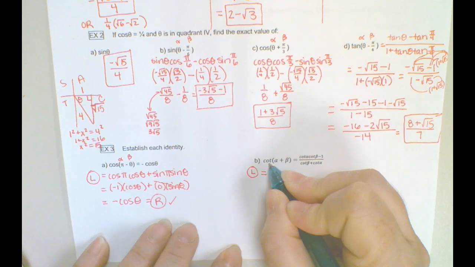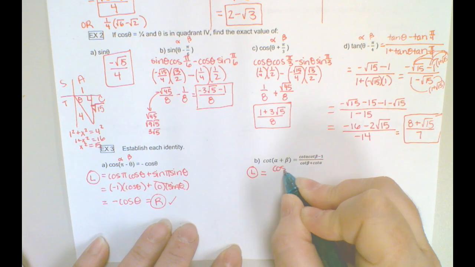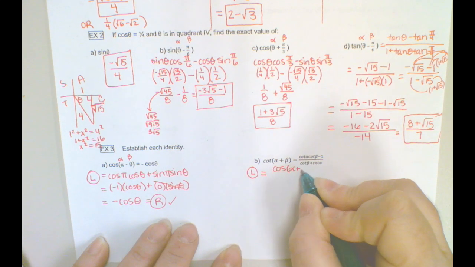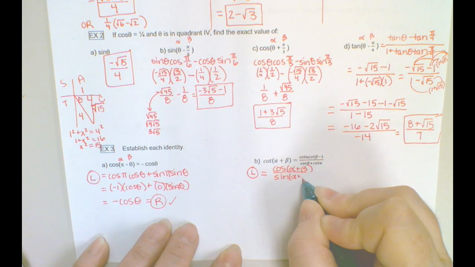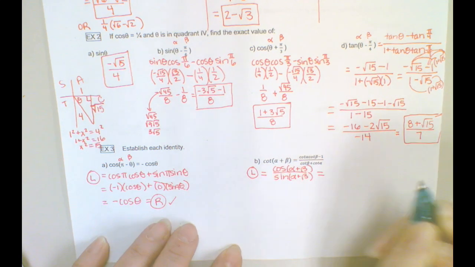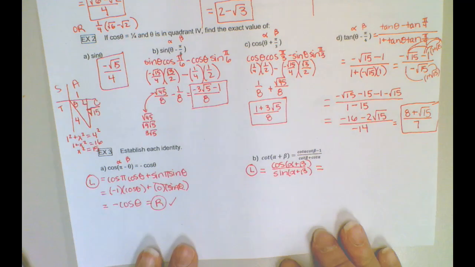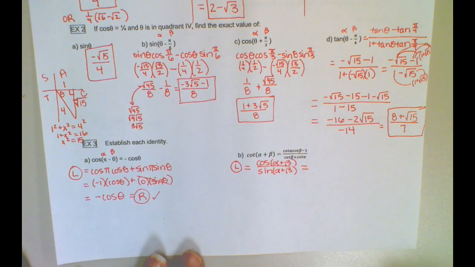And so again, cotangent is cosine over sine. So cosine of the angle over sine of the angle. And now each of the numerator and denominator are one of our new identities.